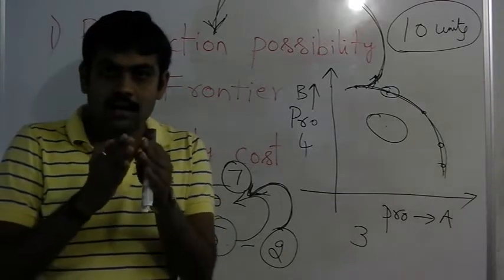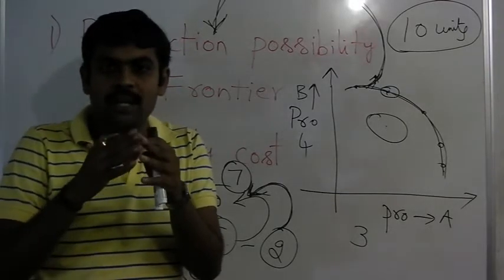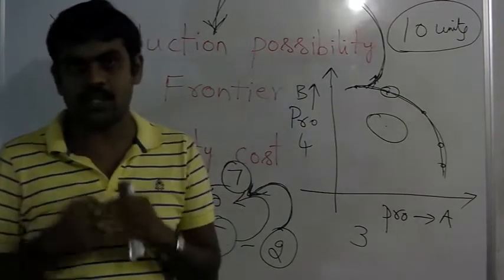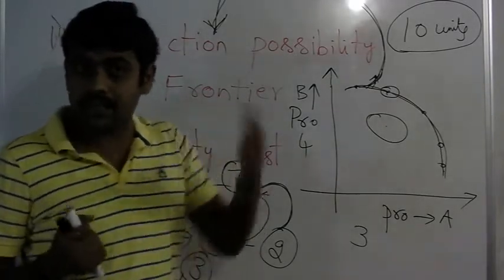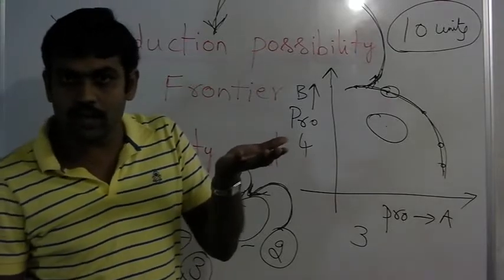When the resources are to be combinationally allocated to some other product, but that product is not in higher requirement, but another one is in higher requirement, we will divert.